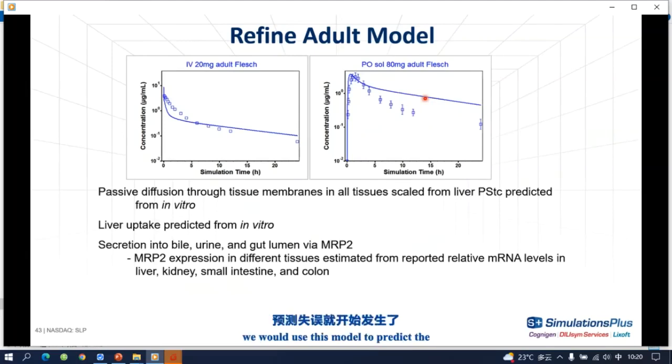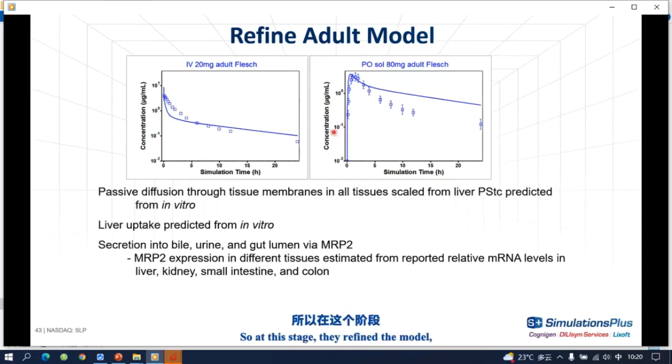So before we would use this model to predict the PK in children, of course, we would want to refine this. Right? After every step of the prediction, once you get the observed data or the clinical data, you want to incorporate it in the model first to have the model as good as it can possibly be before you move to that next prediction step.